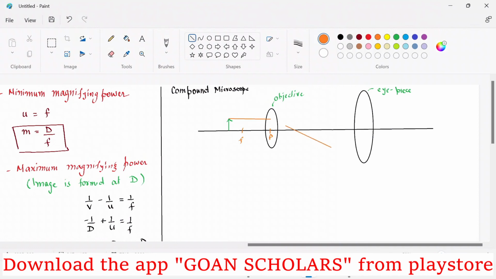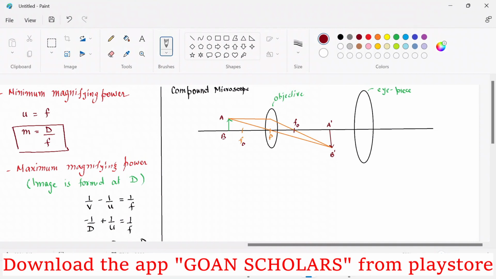So let's say the image is formed here on the right hand side, and this is the ray which is passing through this, and they are meeting. This is the location where we get our image formed by the objective. Let's call it A prime, and this is our AB. Let's call this focus FO, and here it will obviously be FO.